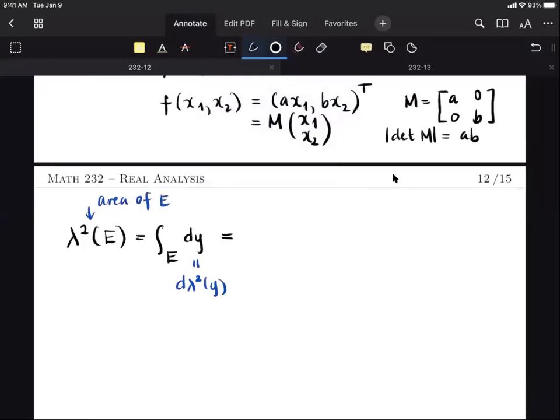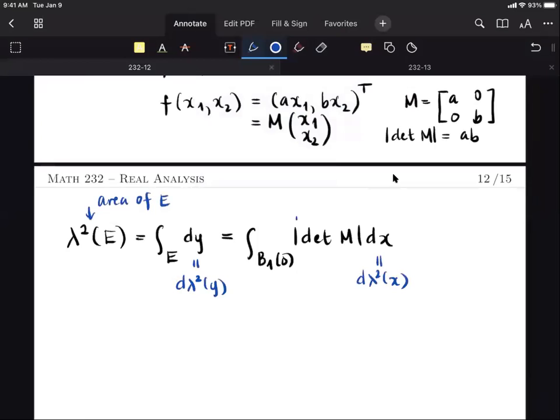And according to the transformation formula, we have the integral over the unit ball times the absolute value of the determinant of M, dx. Again, if you want to be precise, you can put d lambda of x.